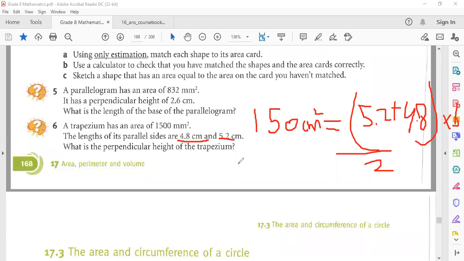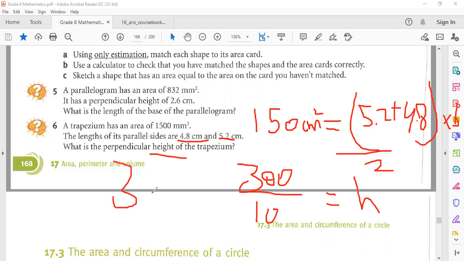So this 2 goes here, it's equal to 300 divided by this, and it's equal to 10. So our height will be 30. With the help of this you can get these answers.